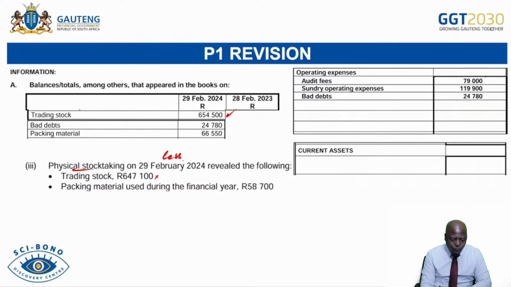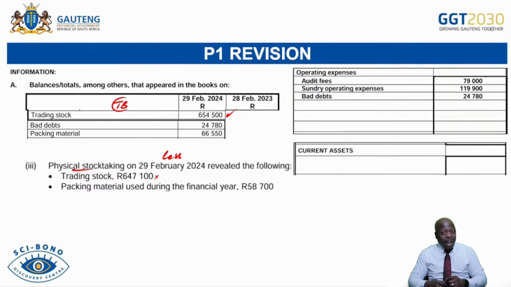When your trading stock on hand is less than the amount in a trial balance, you are having a trading stock deficit, because according to our business books, we are having stock of 654,500. But when we physically count, we realize we only have 647,100. So we have a trading stock deficit, which therefore becomes an expense.